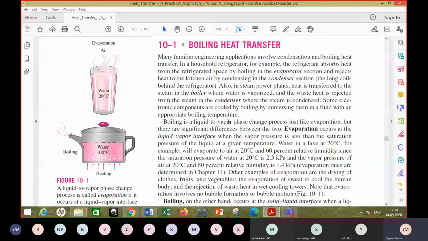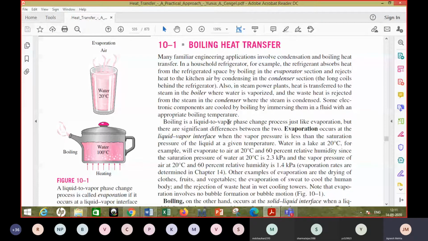So the difference, in other words, you can also call it a difference of water vapor pressure between the free stream and the first layer in contact with the water surface, which is going to be the saturation condition.